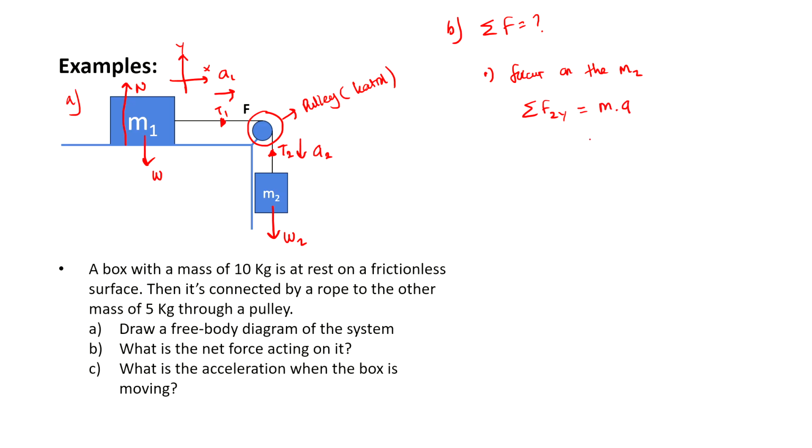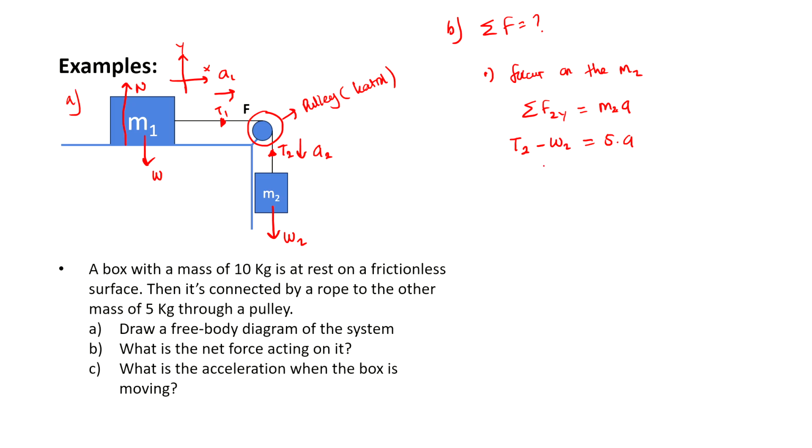For the m itself, we use mass 2, so it's equal to 5. Then a is still undefined. Then the sigma F2y will be equal to T2 minus W2.